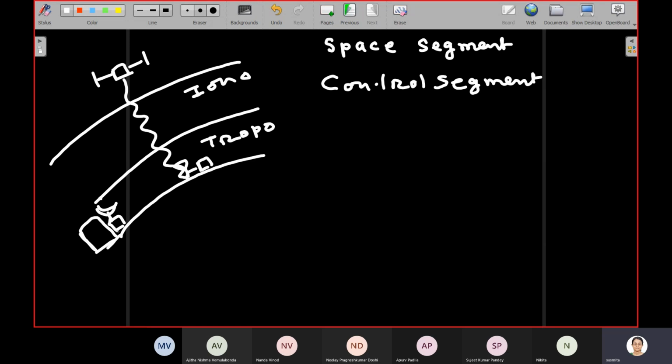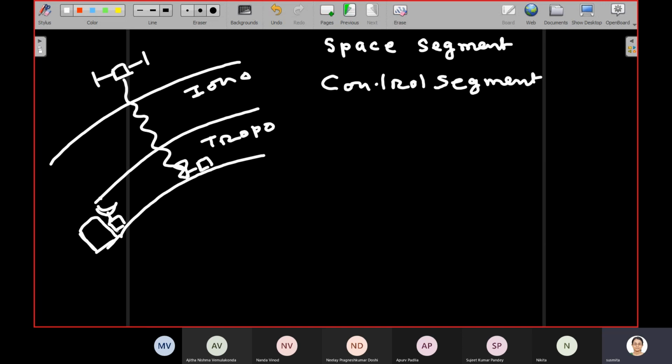And they also, based on data collected from satellites using stations spread all over the world, depending on what constellation it is, estimate different parameters, orbital parameters of the satellites, and also the satellite clocks. Then they upload the orbital parameters to the satellites and remotely steer the clocks.